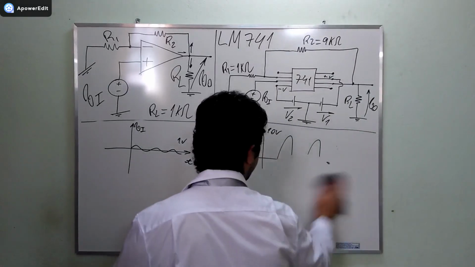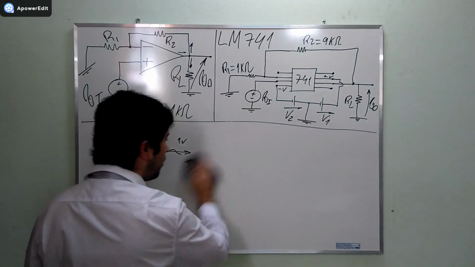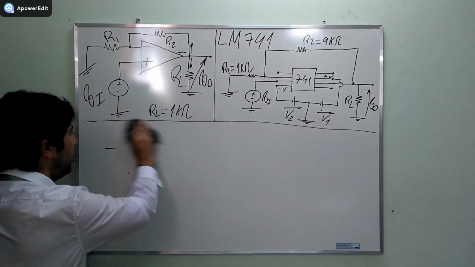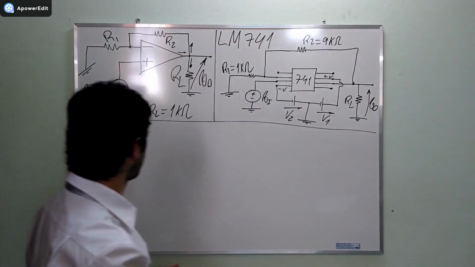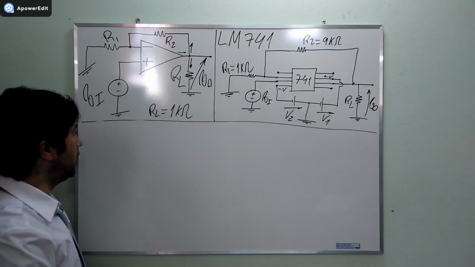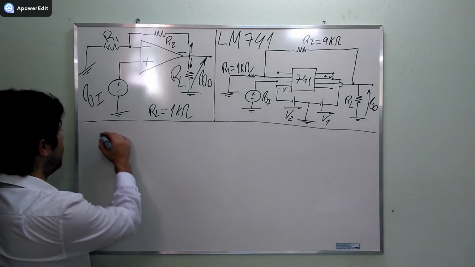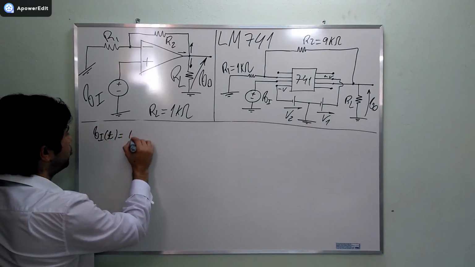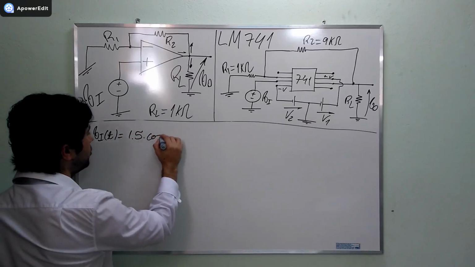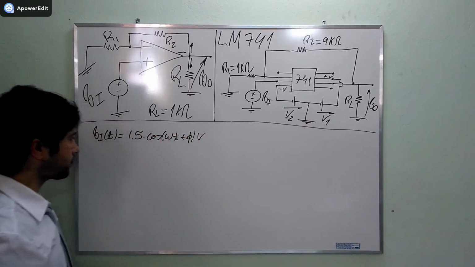On letter B, we want the input signal. We are going to test the device. We are going to see if the values provided in the data sheet hold. We want the input signal to be equal to 1.5 times the cosine Wt plus phi volts.